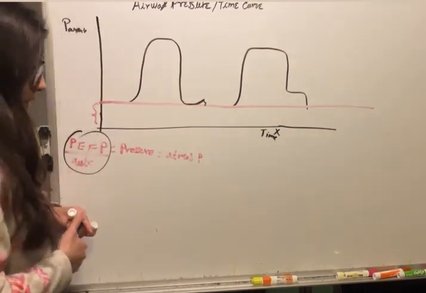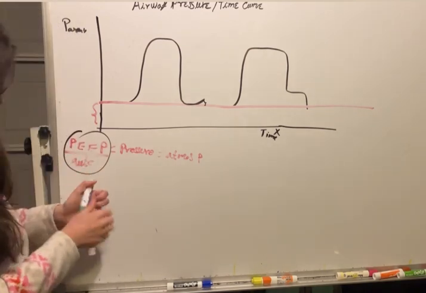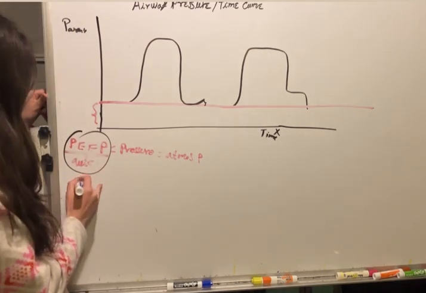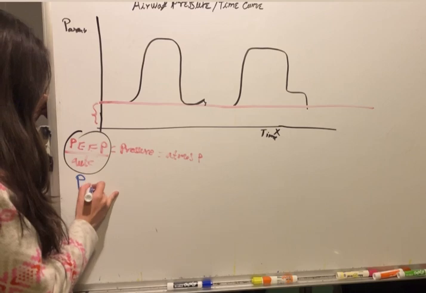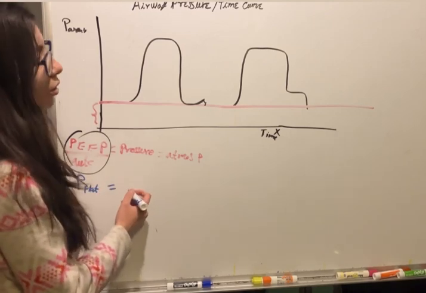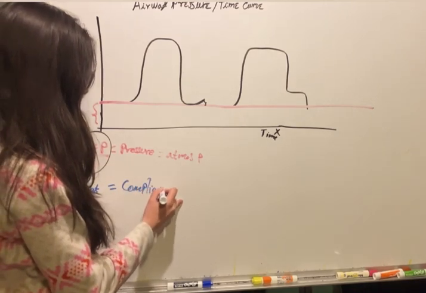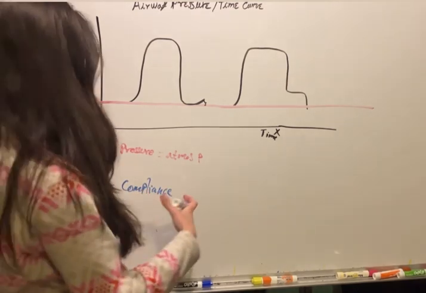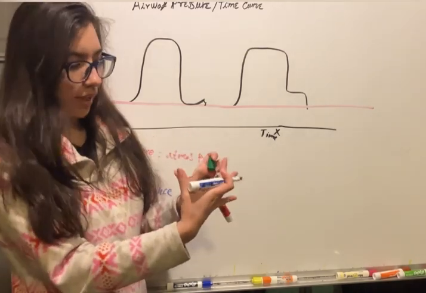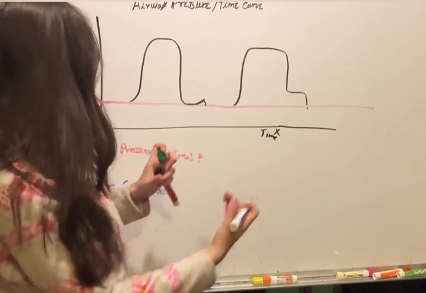Next parameter we're going to review is the plateau pressure. The plateau pressure is a surrogate of the compliance of the lung. Compliance of the lung parenchyma is how easy it is for the lung to expand.